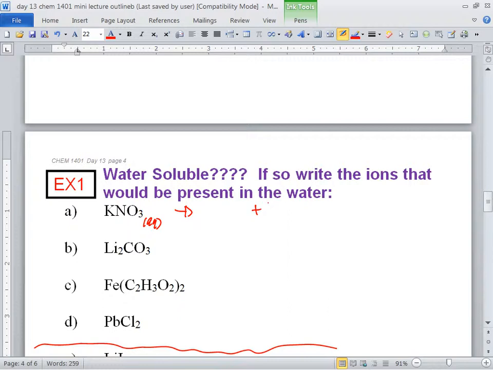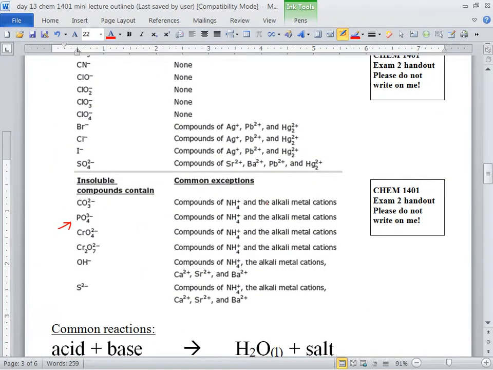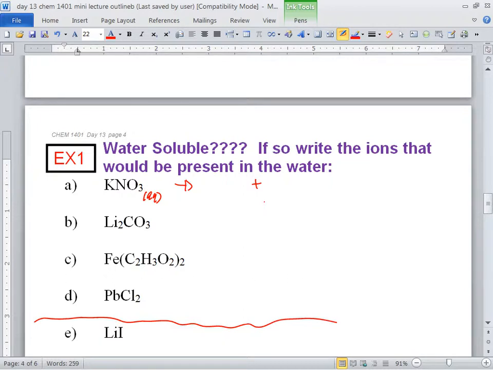I know what this is. Anybody not sure what to do here?